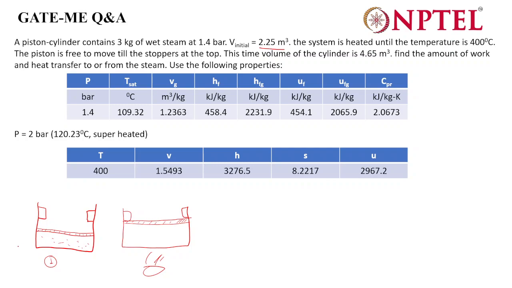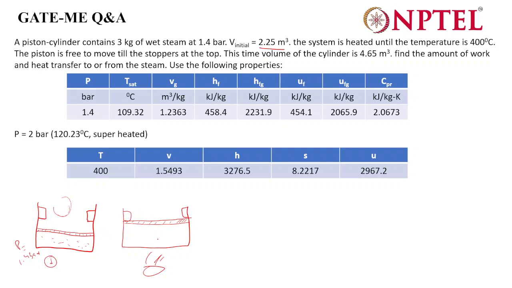Here the pressure is 1.4 bar, and till it reaches here, initially it would be a constant pressure process, right? Because here some resistance is there, so it is resisting, but inside the pressure would be the same. As we provide heat, it will simply go up and start touching here, correct?